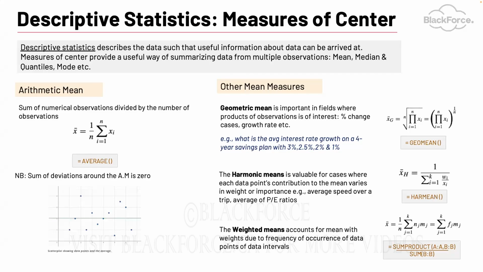So for someone with a large balance and a small interest rate, and someone with a portfolio that has small balances but large interest rates, you cannot just pick the interest rates and find the average, because you need to weight it to the balances within the portfolio. So there are different cases where you want to attach numbers that speak to the importance of each of the components of a certain distribution for which you want to get the mean.